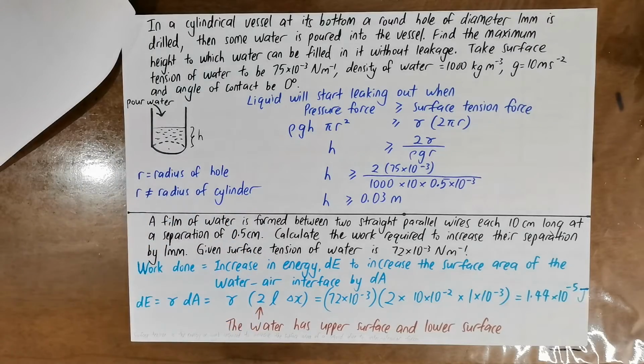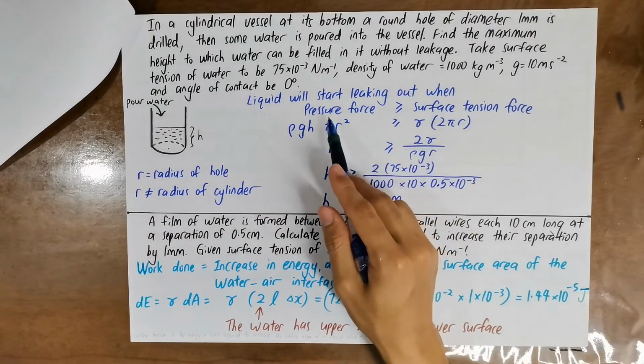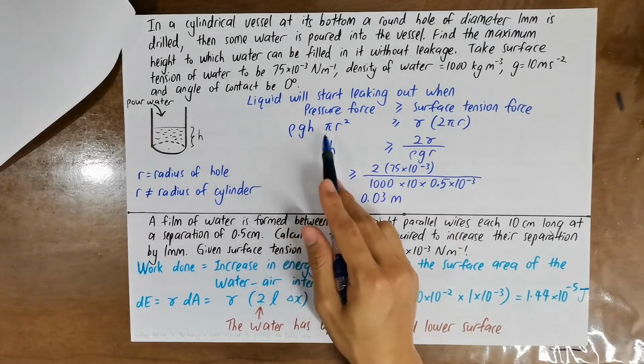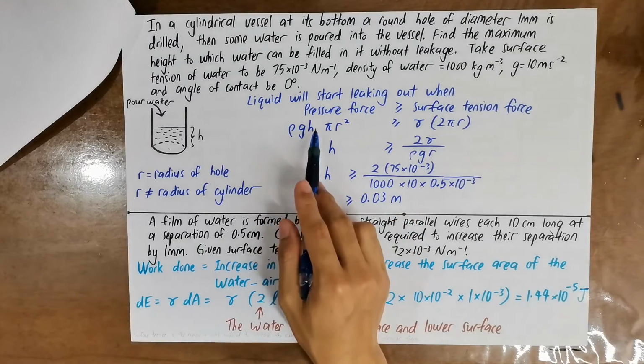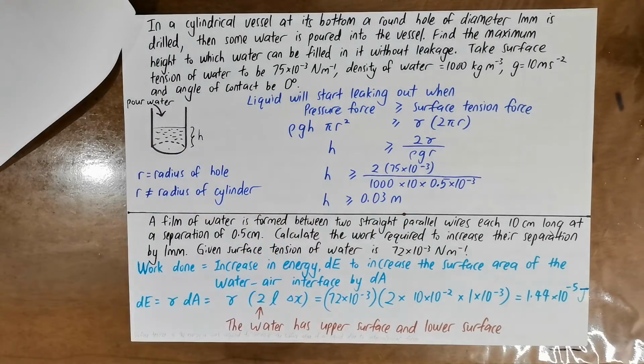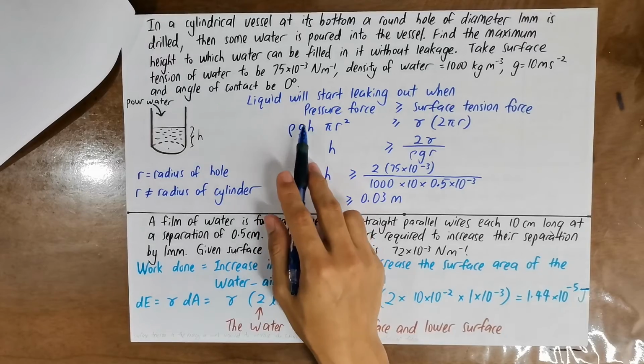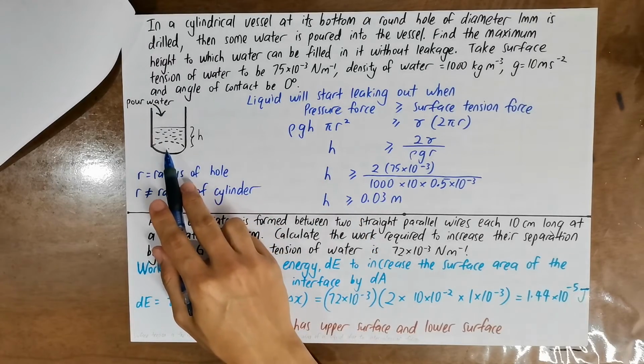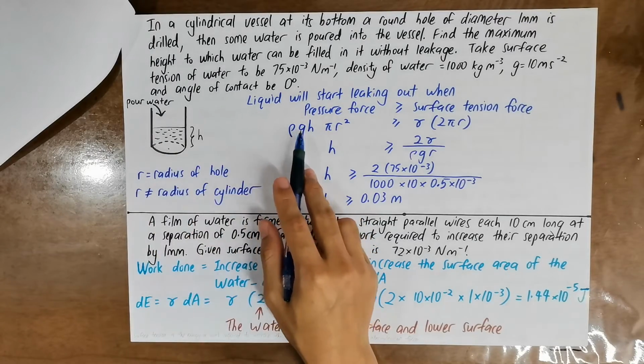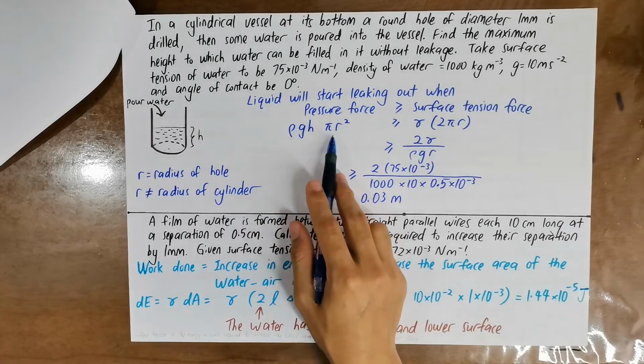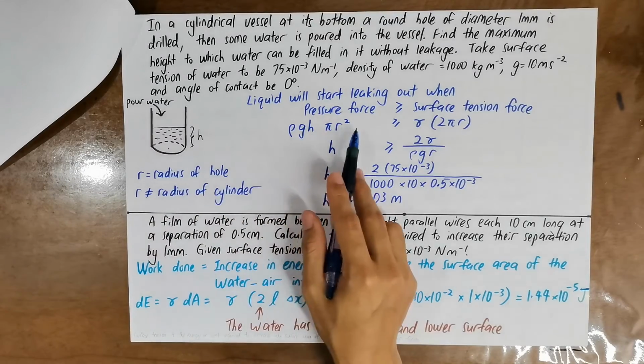The pressure force is the pressure times the area. The pressure of water at the bottom of the vessel is rho g h, and the area of the tiny hole is pi r squared.